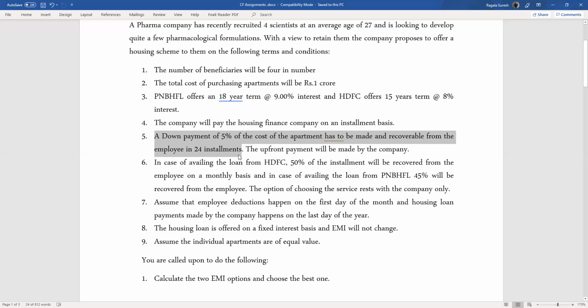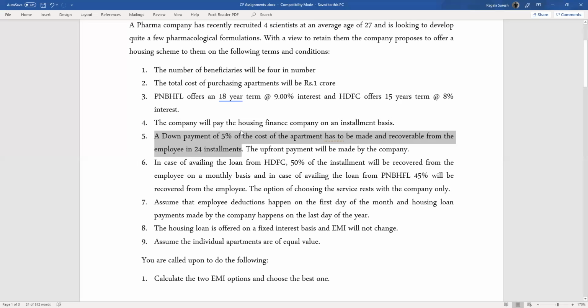In 24 installments, it means the first 2 years, the company is basically paying on a yearly basis. It means for the first 2 years we need to keep zero. I think the principal amount should not be changed.